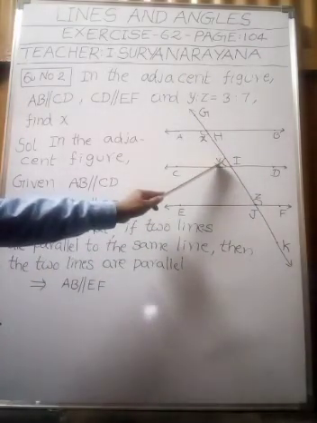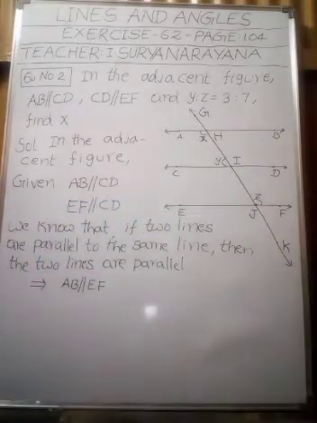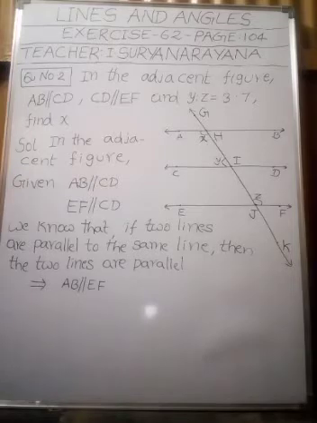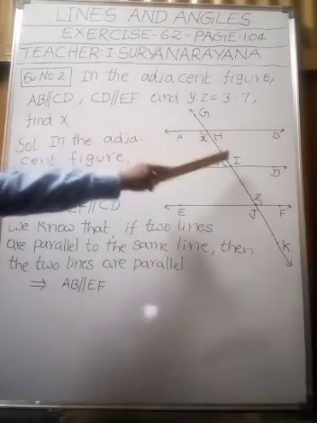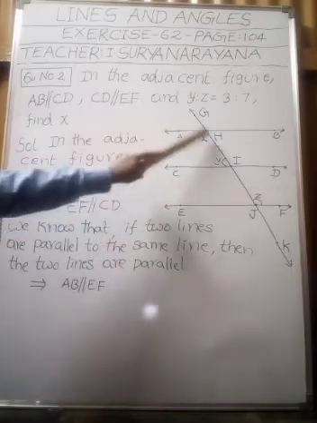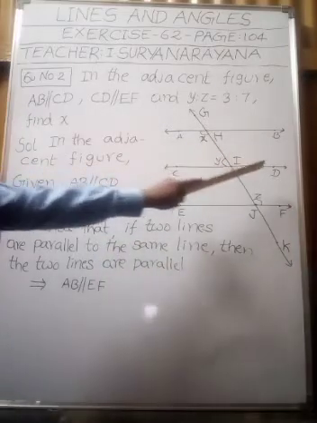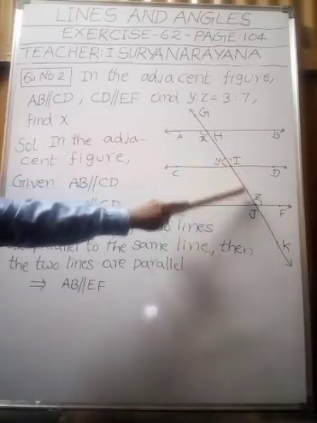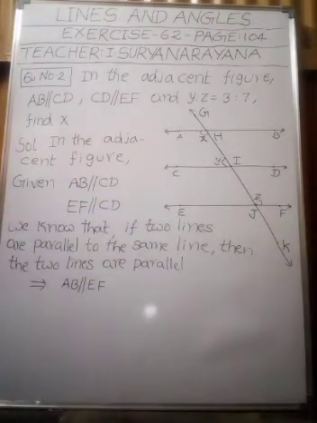If angle y is there, here also automatically angle y. Right. So angle HIC is equal to angle DIJ, alternate interior angles.